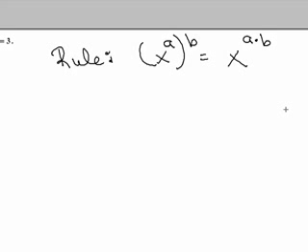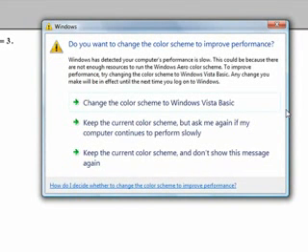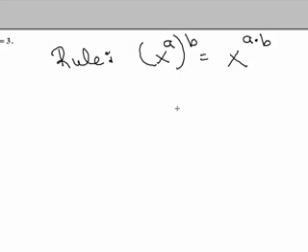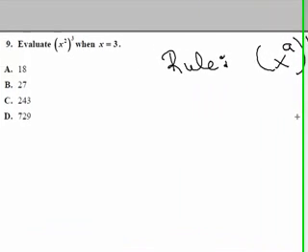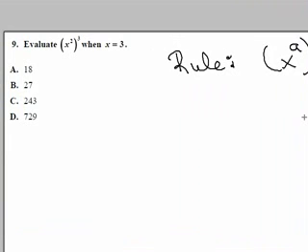Now guys, make sure you don't multiply the exponent by the base. A power says to keep the base and times it by itself the exponent number of times.